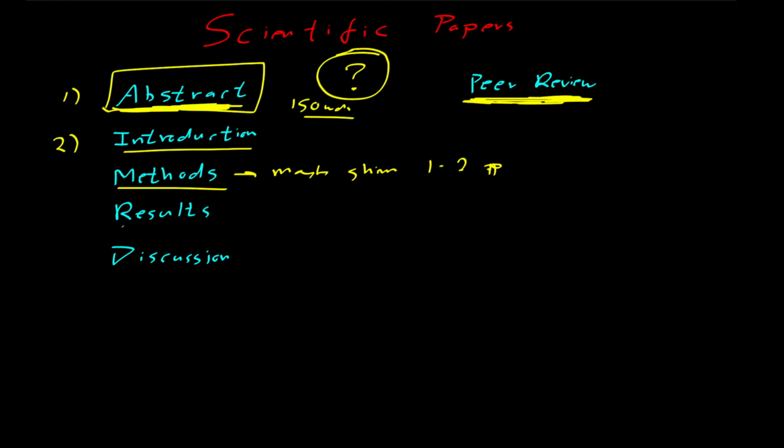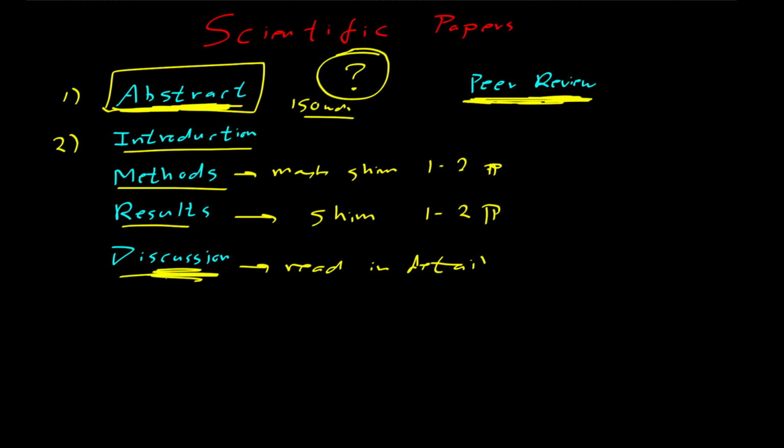Then I would do the same thing with the results: skim the first 1 to 2 paragraphs. And then I would read the discussion in detail, because this is where the results are put in a context that you can actually make some sense from.